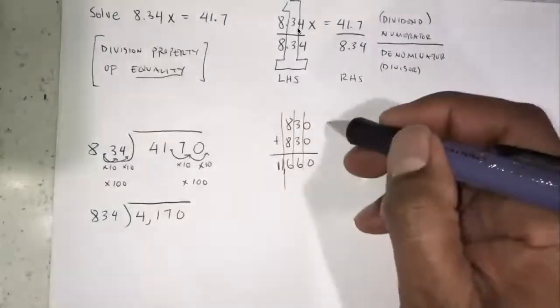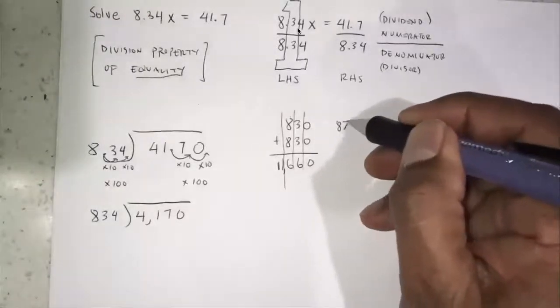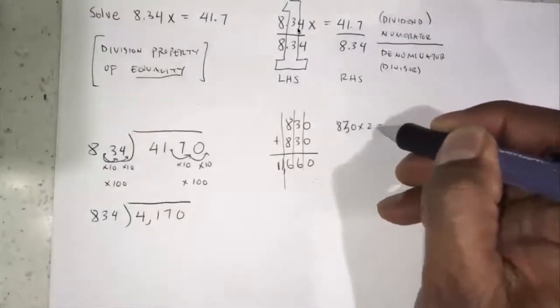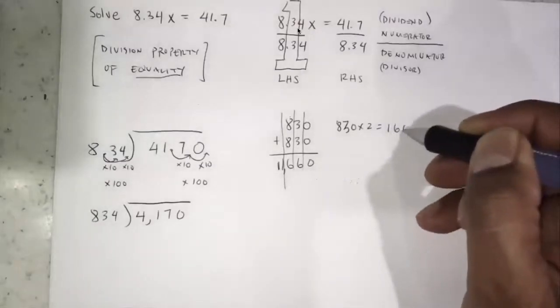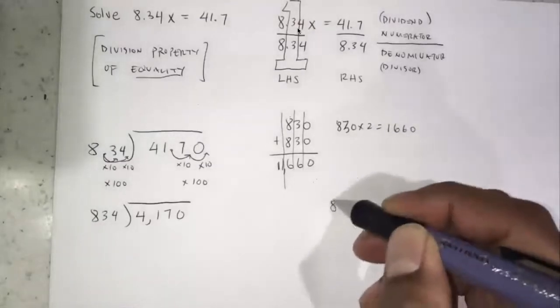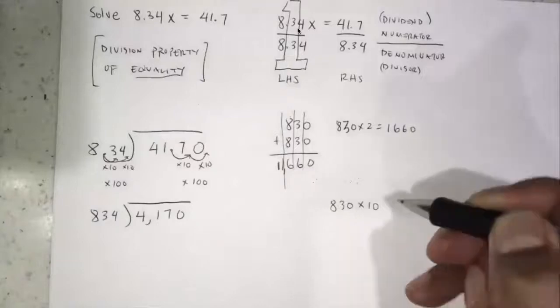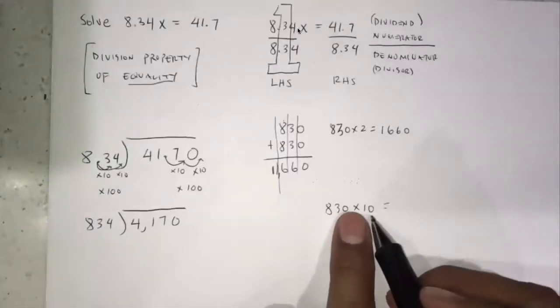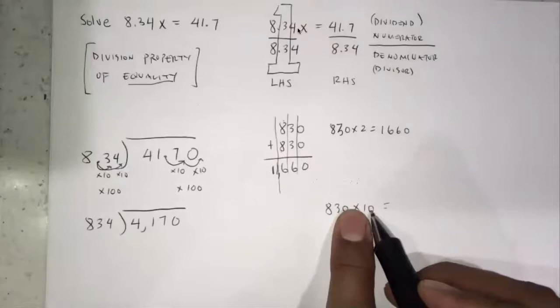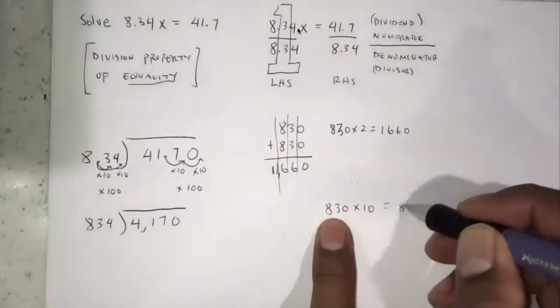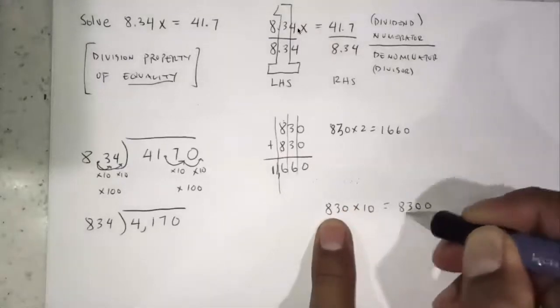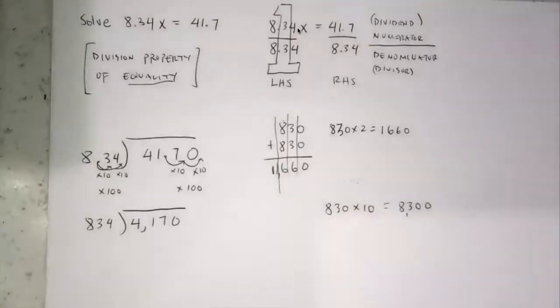All right, so remember this is 830 multiplied by 2. So what happens if I'm looking at 830 multiplied by 10? If I hide the zeros, this is 83 times 1, and I bring them back, that's 8,300.